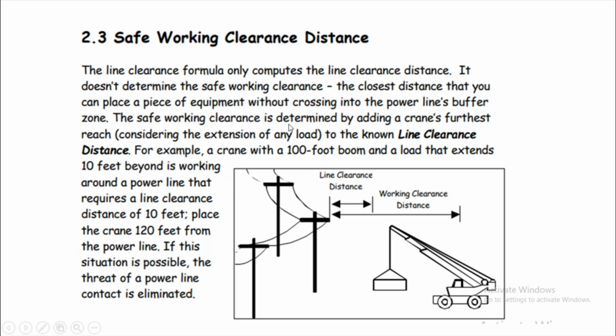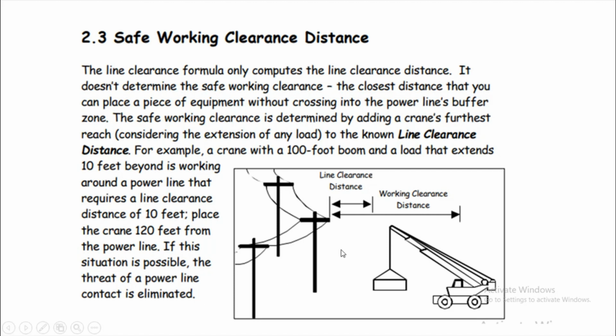It is determined by adding the crane's farthest reach, considering the extension of any load, including the luffing jib of the crane, to the known line clearance distance. For example, a crane with a 100-foot boom and a load that extends 10 feet beyond is working around a power line that requires a line clearance distance of 10 feet. Place the crane 120 feet from the power line. If this situation is possible, the threat of power line contact is eliminated.